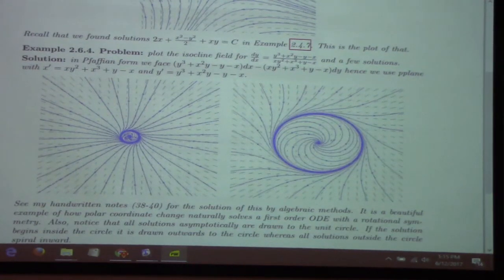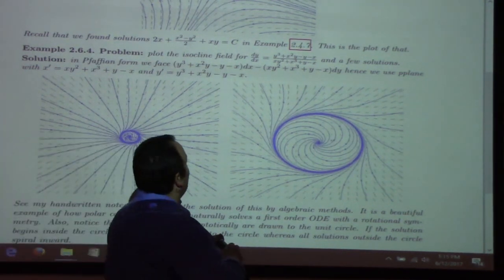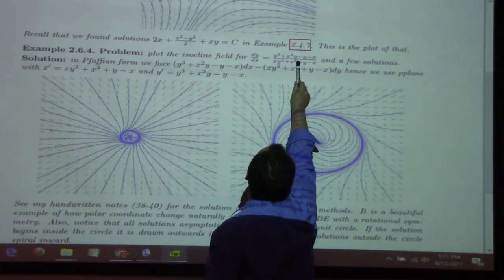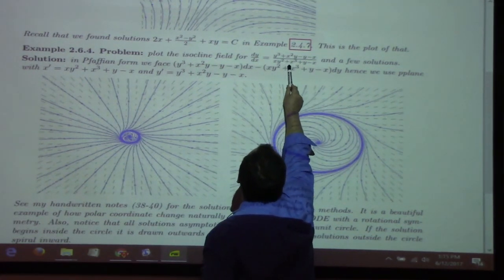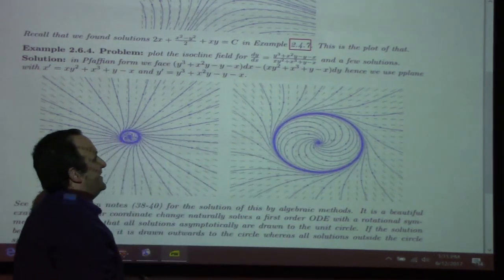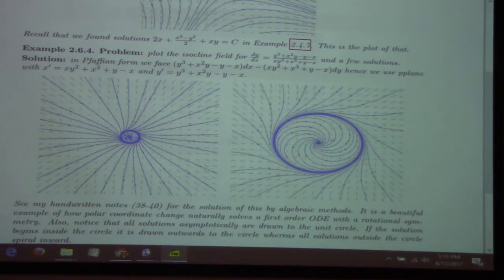That's especially nice for something like this differential equation, which we could solve. dy dx is equal to y cubed plus x squared y minus x, over xy squared plus x cubed plus y minus x. I can actually show you how to solve that using a substitution. Basically change to polar coordinates, then it becomes separable.